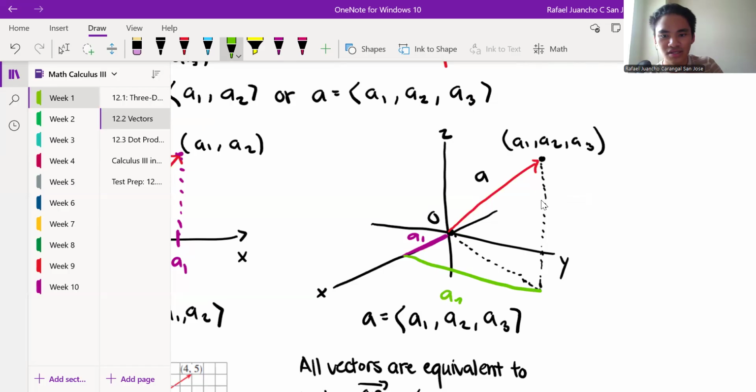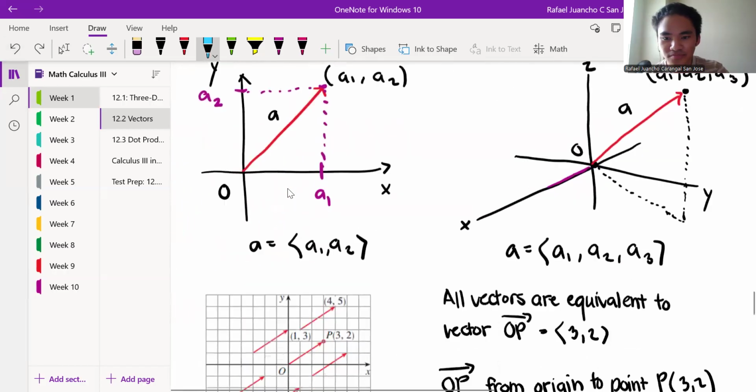Here is A2 distance. And then up here is A3 distance. And if we connect those points together, we have A1, A2, A3. Right? Okay.